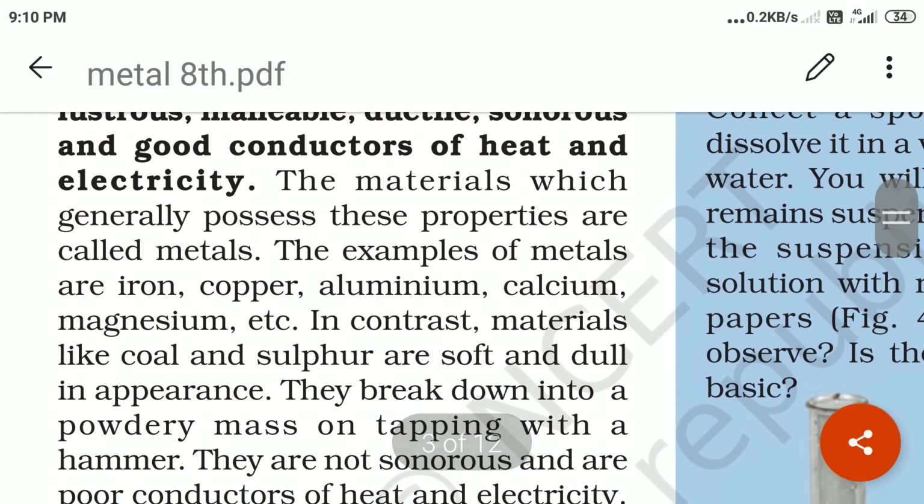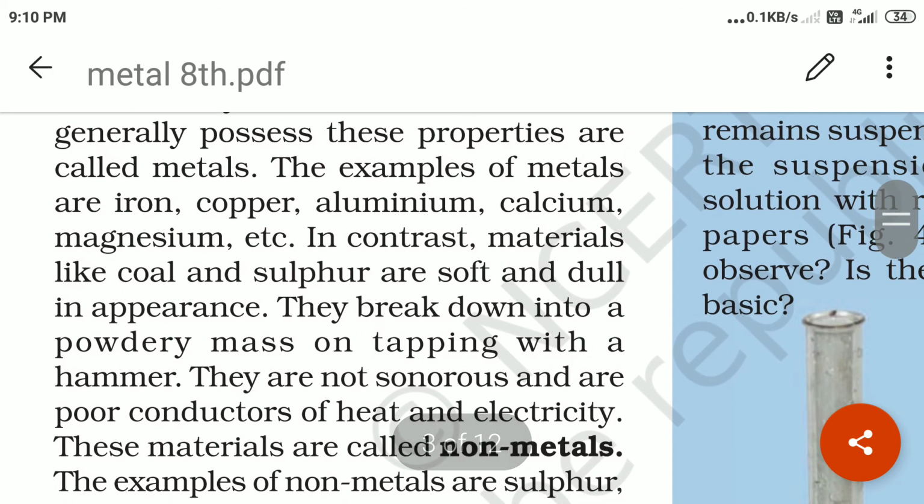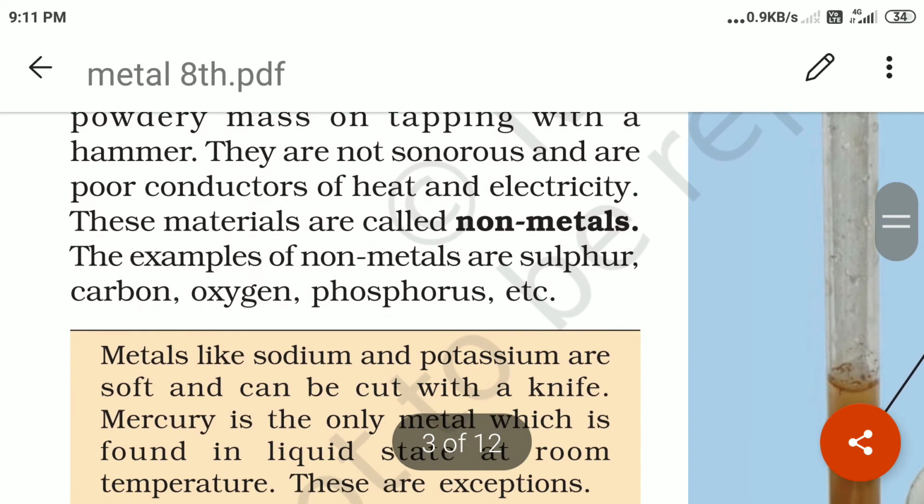Materials like coal and sulfur are soft and dull in appearance. They break down into a powdery mass on tapping with a hammer. They are not sonorous and are poor conductors of heat and electricity. These materials are called non-metals. Examples of non-metals are sulfur, carbon, oxygen, phosphorus, etc.